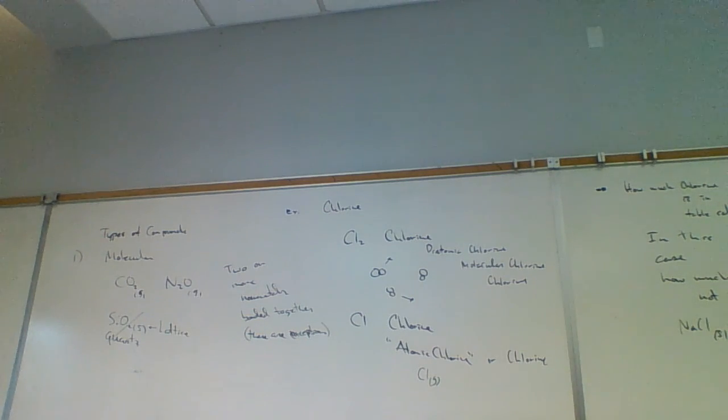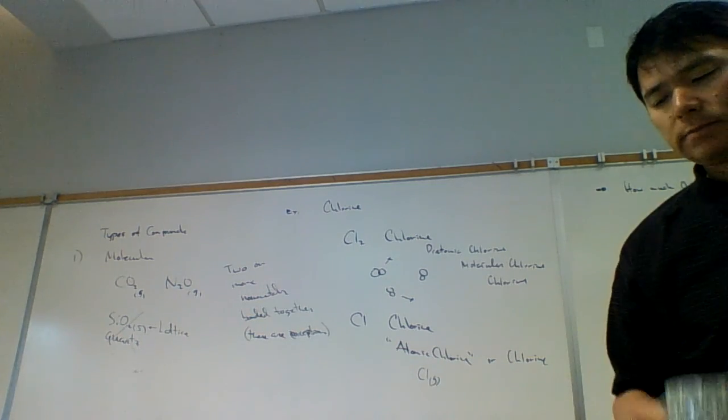How about selenium and oxygen? That is likely to be molecular. How about bromine and oxygen? Molecular. So there's a little bit of uncertainty here. Since there are exceptions, we cannot be 100% certain. So the best thing to do is look it up and see.